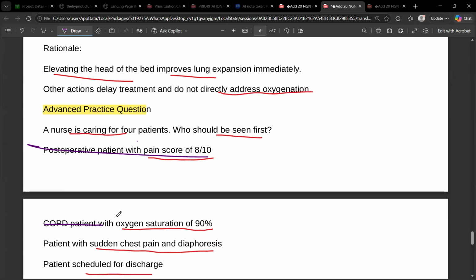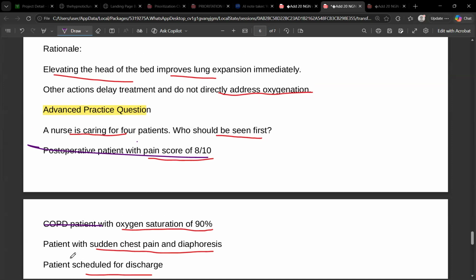And the last one, the patient scheduled for discharge: we need not see them first, because they are stabilized and then going for discharge. So first we need to manage the first.